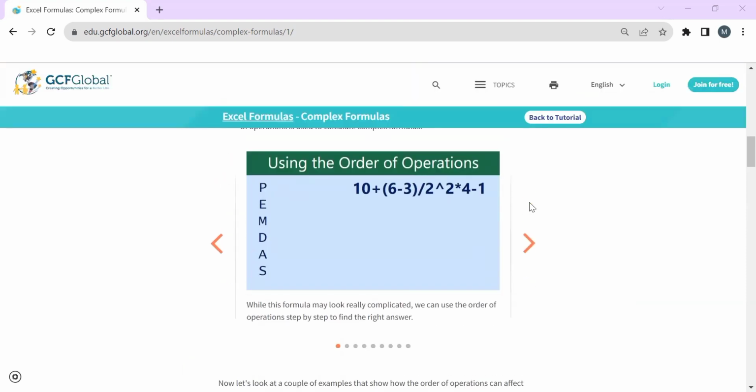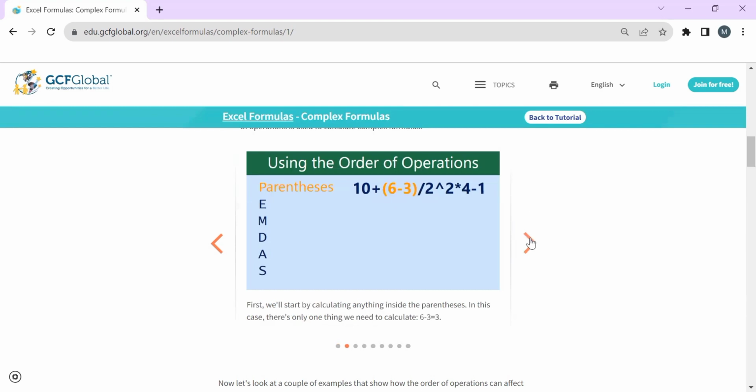So, using the order of operation, here is the first example, which is 10 plus, naka-parenthesis yung 6 minus 3, divided by 2 to the power of 2, multiplied by 4 minus 1. While this formula may look really complicated, we can use the order of operations step by step to find the right answer.